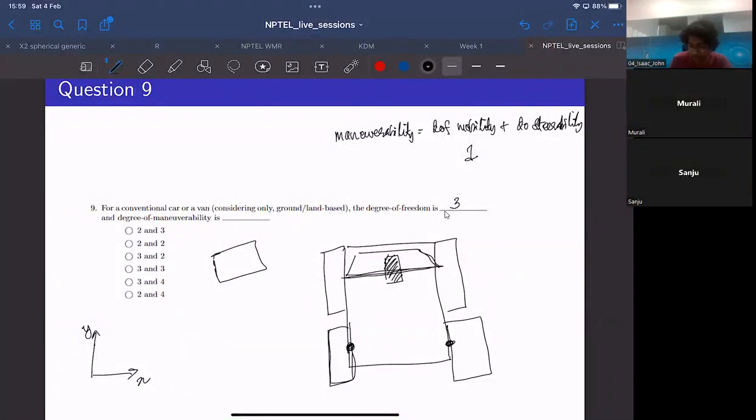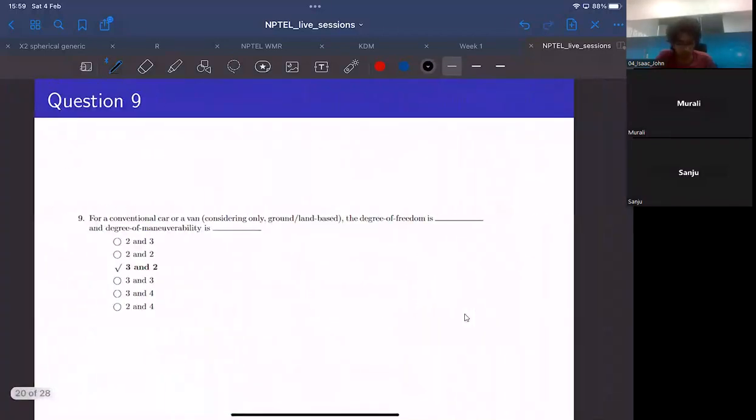The power of a single engine is transmitted to both front wheels using the front axle. And for degree of steerability, we use the steering linkage mechanism to control the steering of the front wheels, again using 1 input. So the degree of maneuverability is 1 plus 1, which is 2. So the answer is 3 and 2. Both of you have rightly responded that. All right, it's 3 and 2.